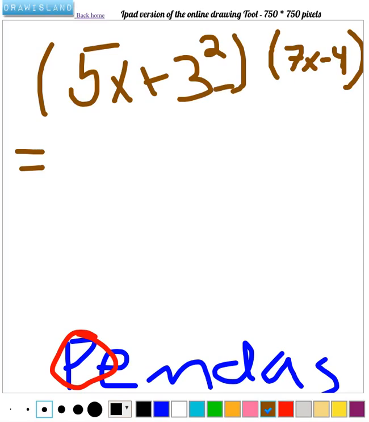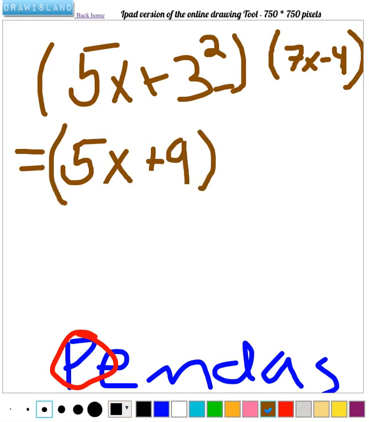So you can do 3 to the power 2. That's 3 times 3, which is 9. So 5x plus 9 times, you can't do anything here, it just stays 7x minus 4.